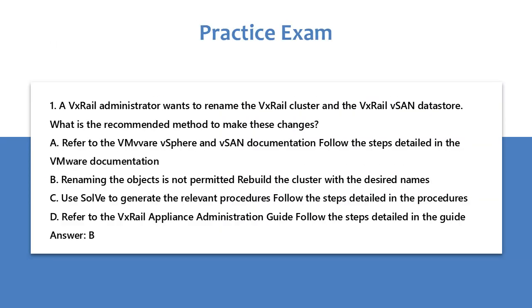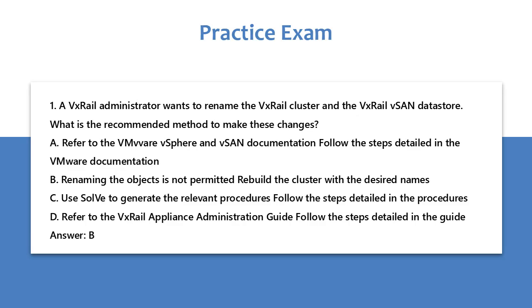1. A VxRail administrator wants to rename the VxRail cluster and the VxRail vSAN data store. What is the recommended method to make these changes? A. Refer to the VMware vSphere and vSAN documentation. Follow the steps detailed in the VMware documentation.